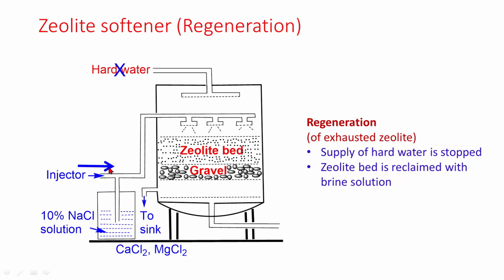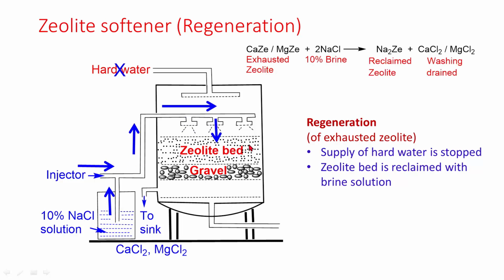The brine is pumped with the help of injector into the zeolite bed, and in the zeolite bed, this exhausted zeolite reacts with brine, sodium chloride. We get reclaimed zeolite Na2Ze, and we get calcium chloride and magnesium chloride, which go to the drain. After regeneration, bed is washed with deionized water.